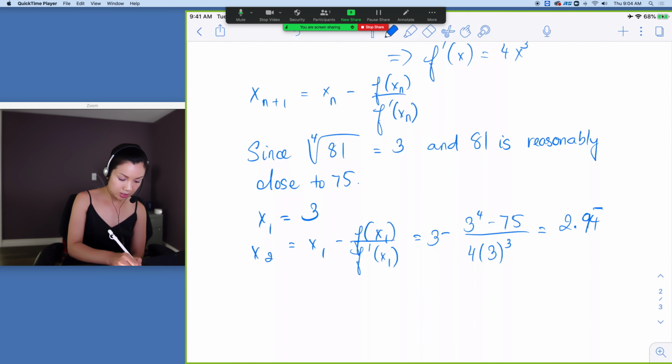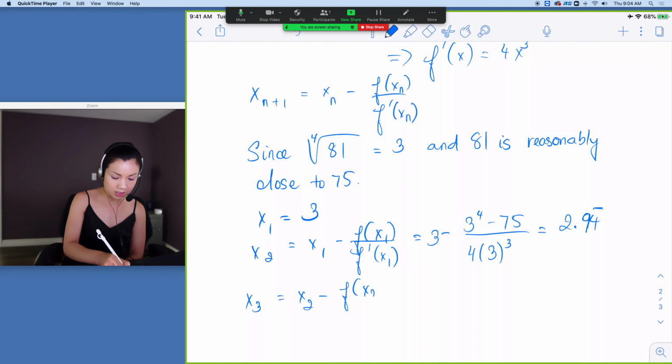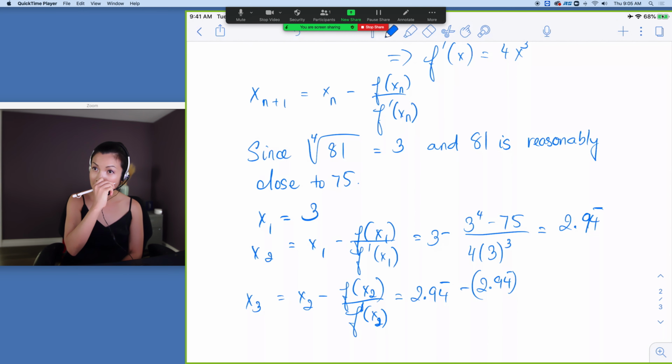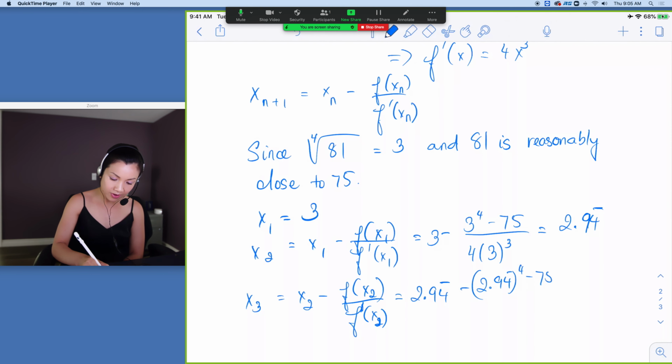Now we're going to take x3. x3 is going to be x2 minus f of x2 over f prime of x2. So what we have is 2.94 repeating minus (2.94 to the 4th minus 75) over (4 times 2.94 cubed).